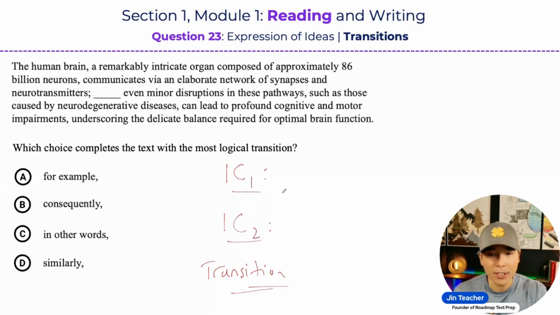Transition questions are the second to last type of question on the reading and writing section of the SAT. They come before the rhetorical synthesis questions, the ones that have the outline notes, the long question, the last one or two questions for the reading and writing section of the test. Transition questions come before that. So it doesn't take a lot of time to know that you're being tested on transitions.